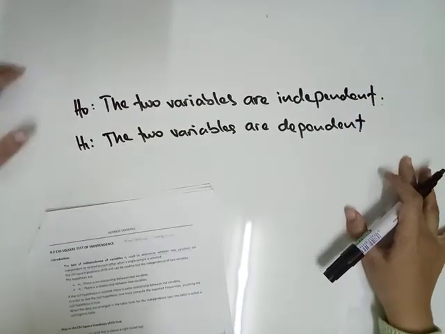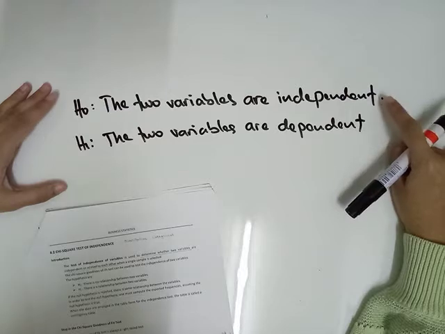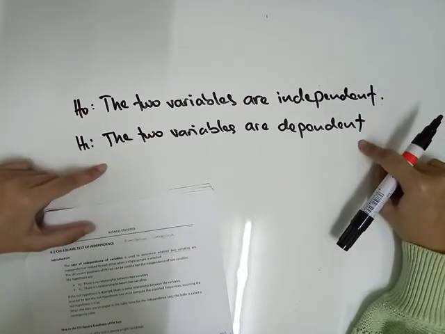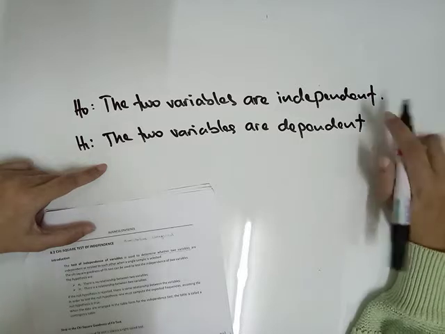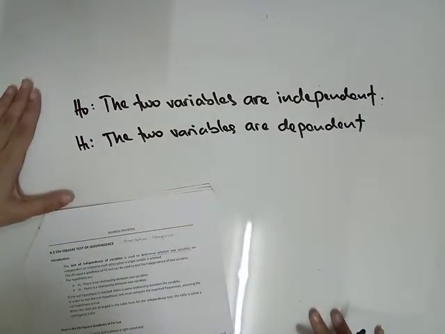So write it like this: the two variables are independent. What is independent? That means they are not related to each other. For H1, the two variables are dependent. That means they are related to each other. Okay, so this is the first step.